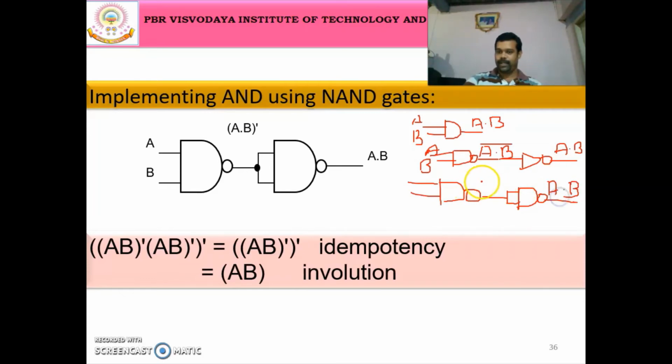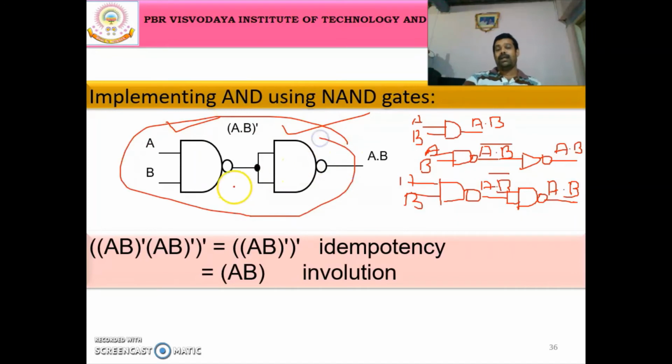Here you will be getting A into B the whole bar. This is A and B. So this is the implementation of AND gate using NAND gates. So here you are getting A into B the whole bar.